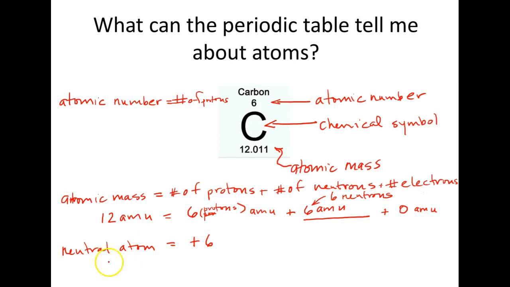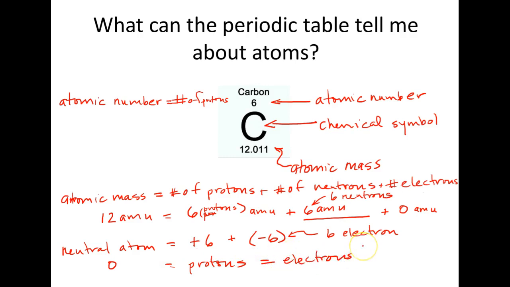I just mentioned my atom has 0 charge, so this has to equal 0, and I can then figure out how many electrons I have. So 6 plus what equals 0? Well, you should intuitively say that it's -6. And because each electron offers one negative charge, I know that I have 6 electrons. So we can say for a neutral atom that the protons equal the electrons. And again, that's for a neutral atom.